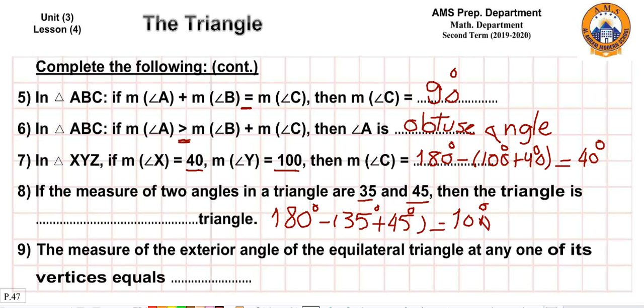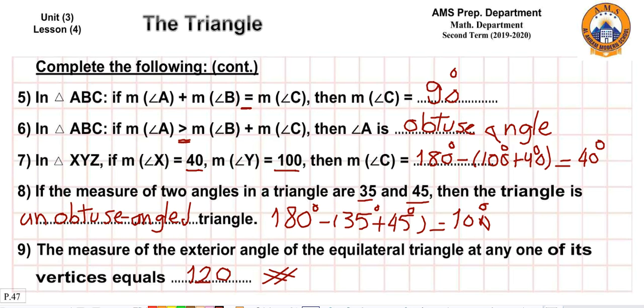So this triangle is an obtuse angled triangle. The measure of the exterior angle of the equilateral triangle at any one of its vertices equals 120, and you have to keep this because it's very important.